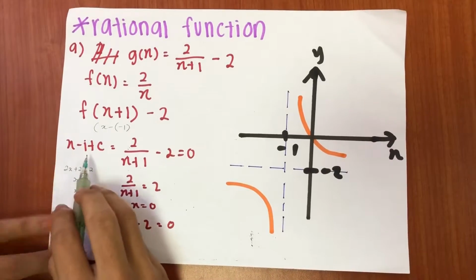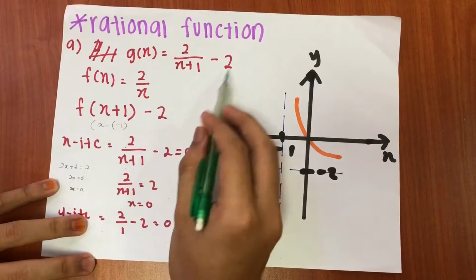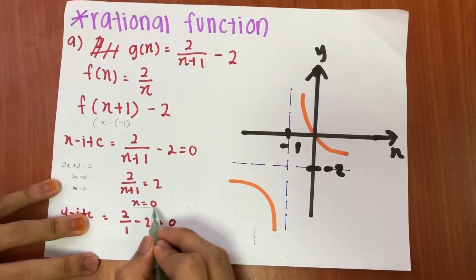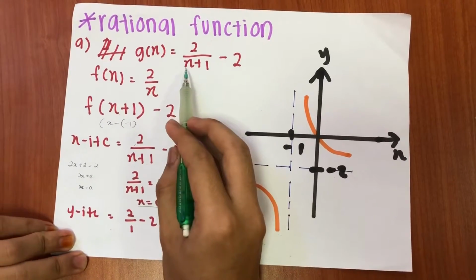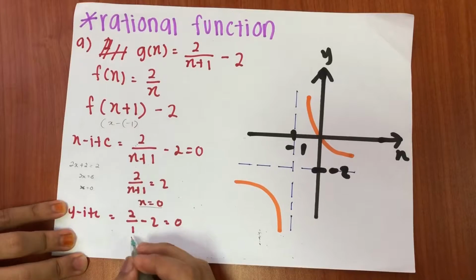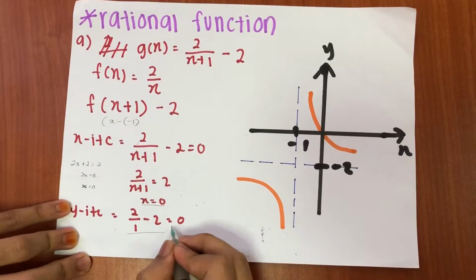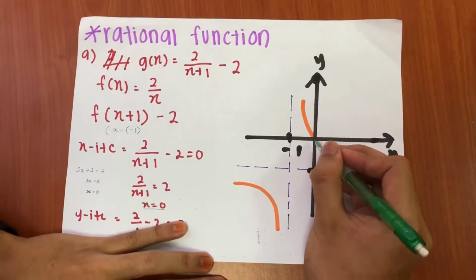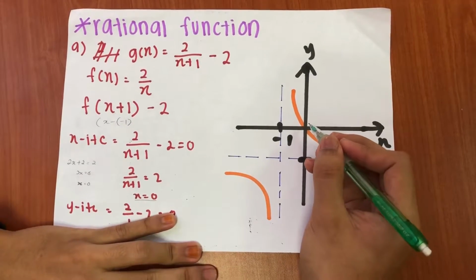The next thing is we have to find the x-intercept and y-intercept. For the x-intercept, this equation must be equal to 0. After the calculation, we got x equal to 0. While for the y-intercept, we have to substitute x equal to 0. So we have this calculation, which makes y equal to 0. For the rational graph, the translation will make the asymptote move.